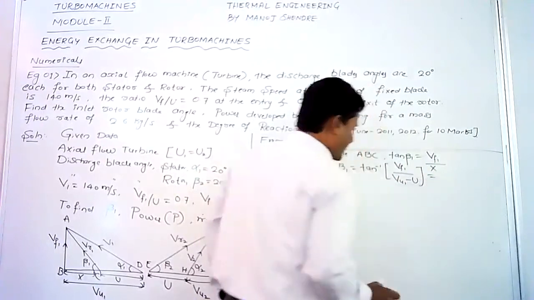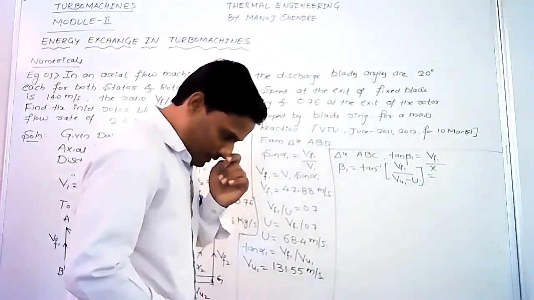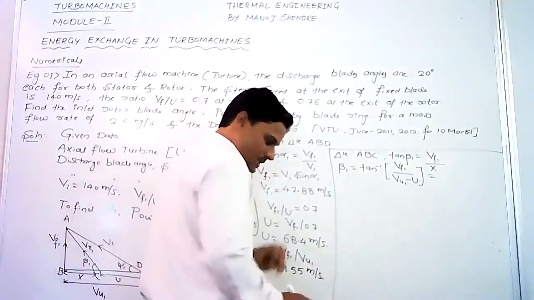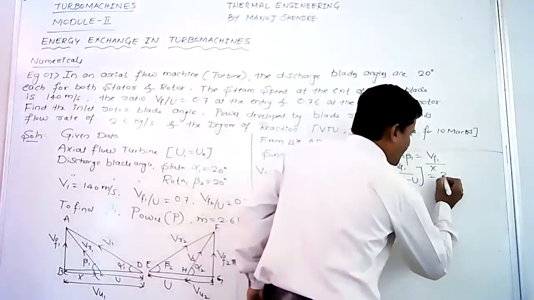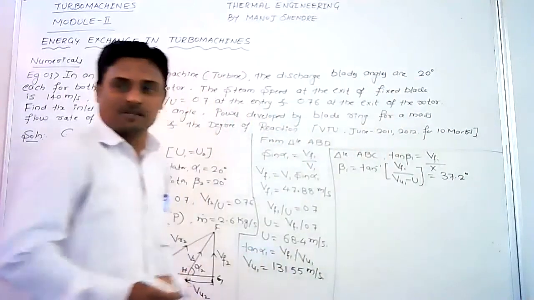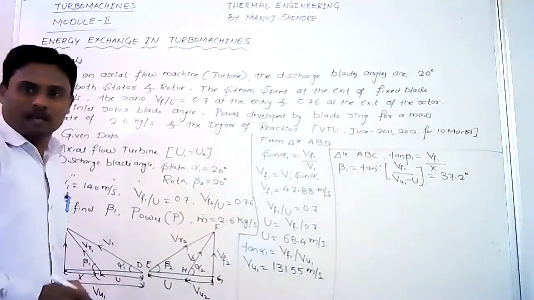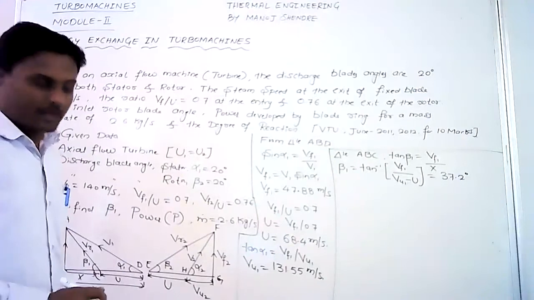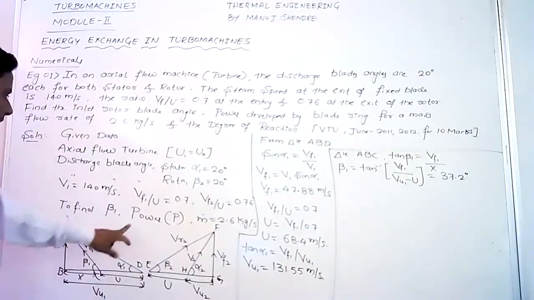The expected value for beta 1 is 37.2 degrees. This is the answer for the first bit. Next, we need to get the value of the power development.